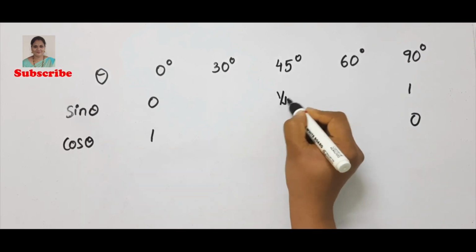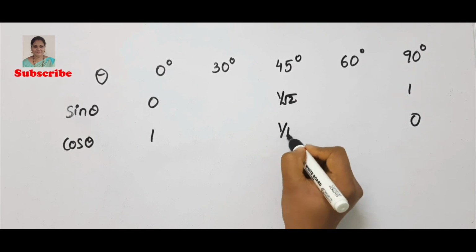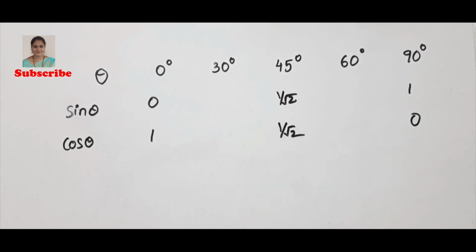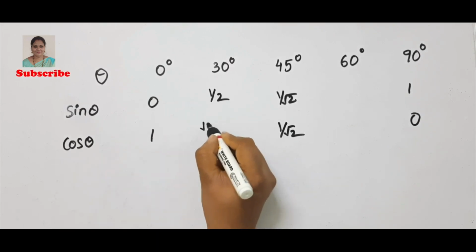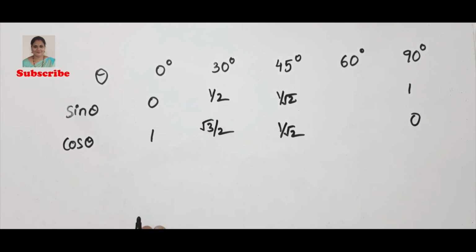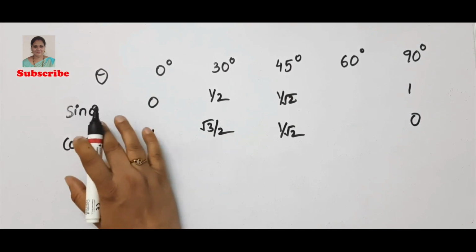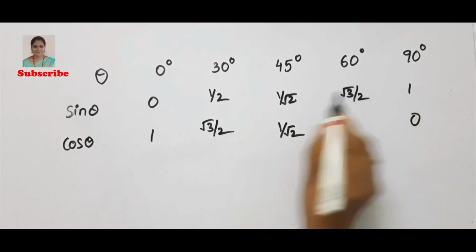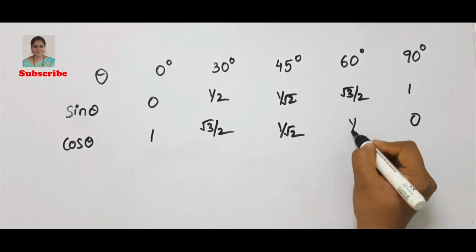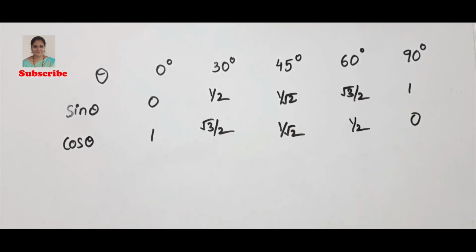Sin 45 we got as 1 by root 2, and cos 45 is also 1 by root 2. Sin 30 degrees we got as 1 by 2, cos 30 degrees we got as root 3 by 2. Reverse, the sin 60 will be root 3 by 2, cos 60 will be 1 by 2.